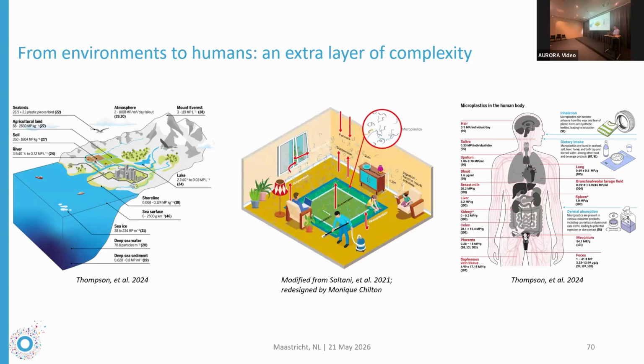However, environmental exposure only provides indirect evidence for human exposure, so emerging studies have also investigated micro nanoplastics in human samples. But we also need to realize that compared to environmental samples, human biological samples involve an extra layer of complexity.